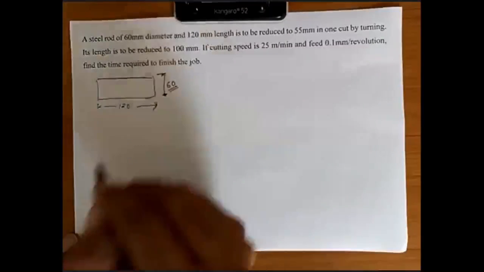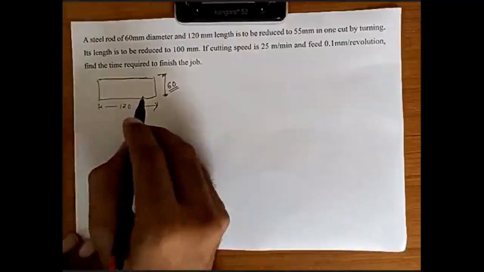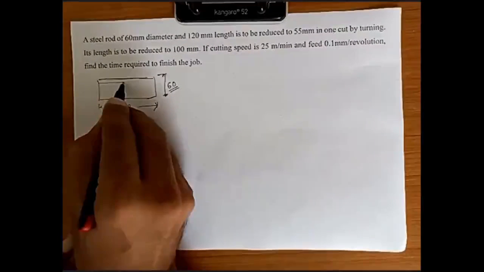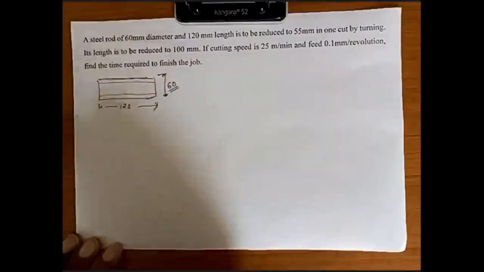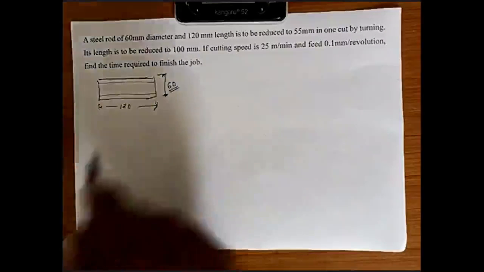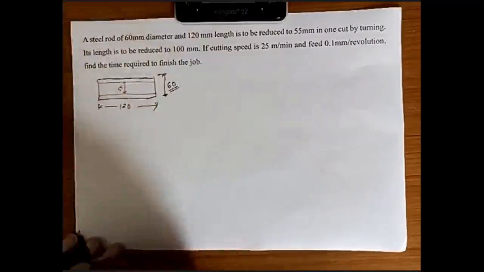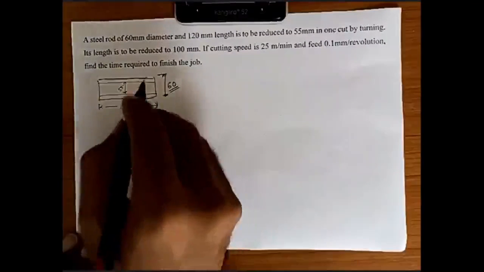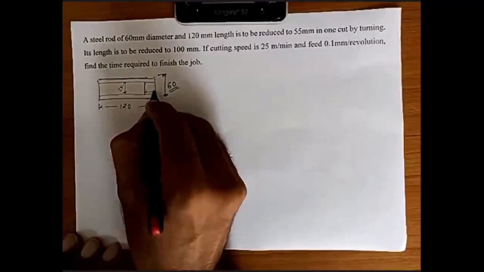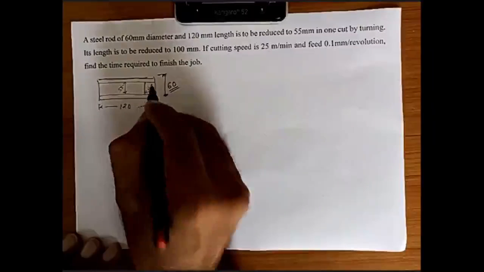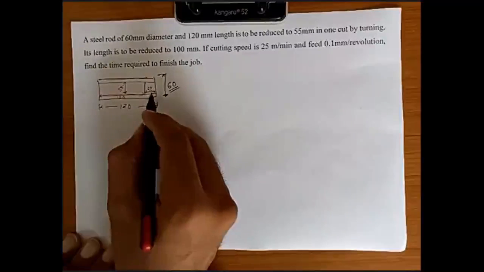Now after the turning, the diameter is 55. And after the facing, the length is to be reduced to 100 mm. So facing length is 20 mm, because this length is 100, so remaining 20.